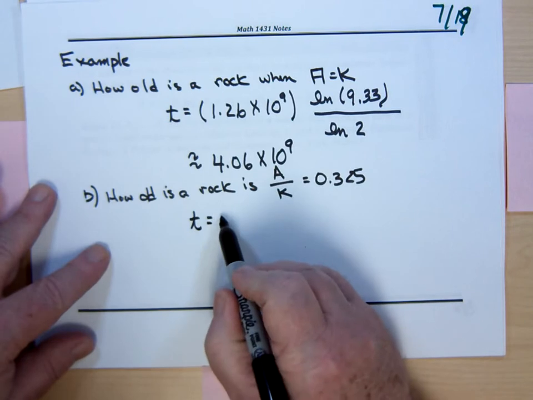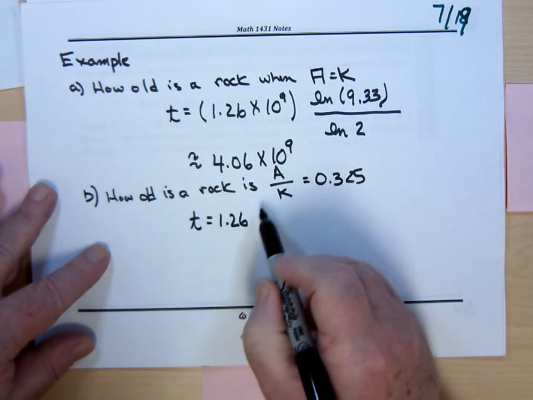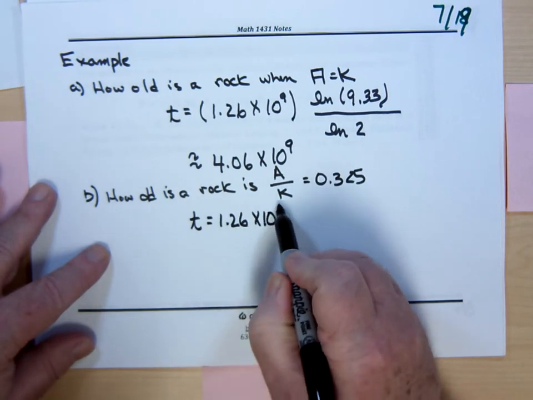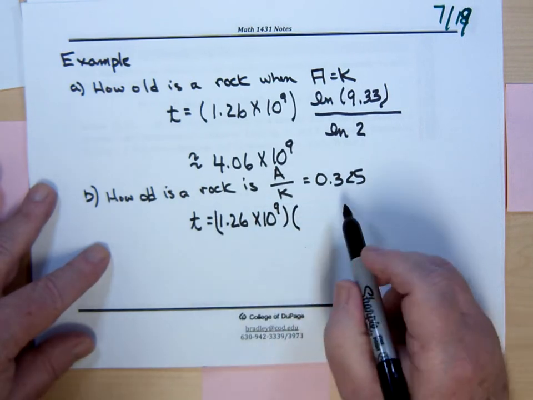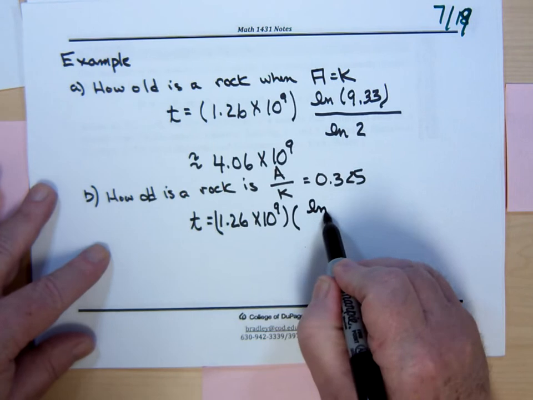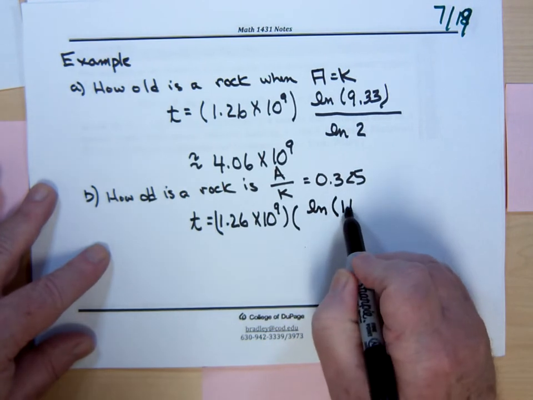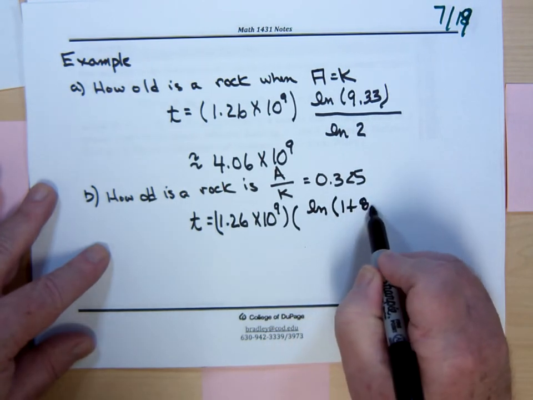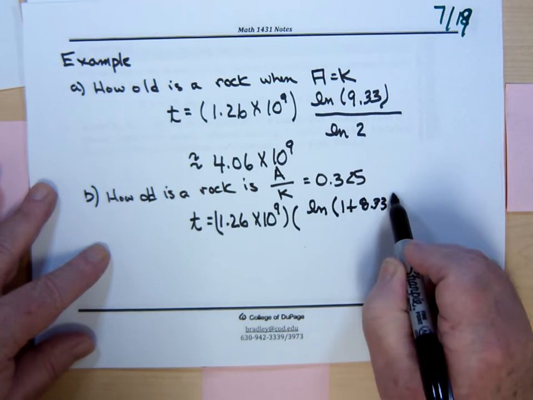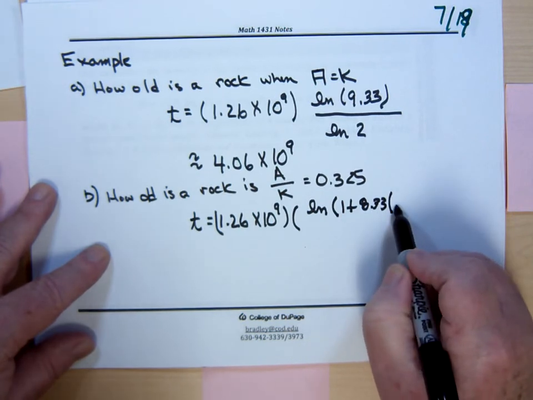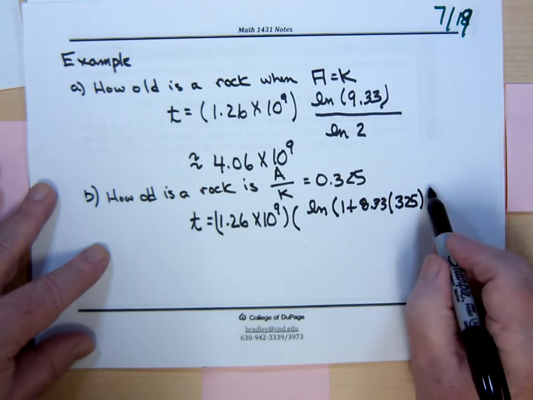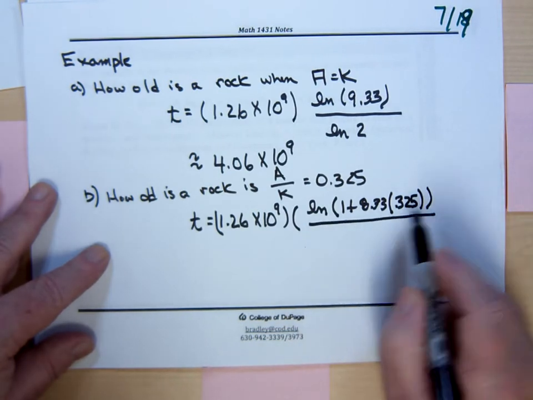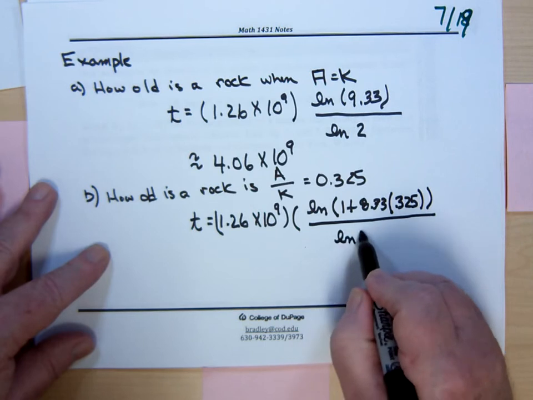We'll have 1.26 times 10 to the 9, times the ln of 1 plus 8.33, but now we're multiplying 8.33 times 0.325 because that is the ratio, and then dividing that by the ln of 2.